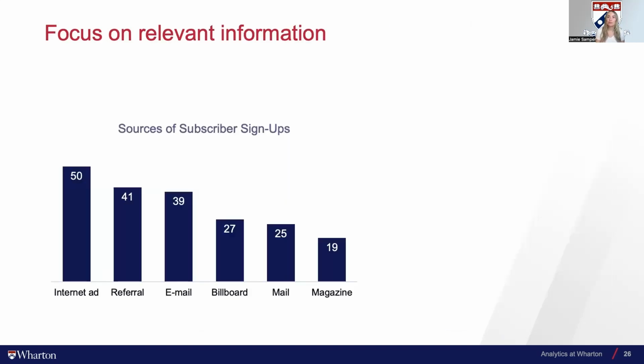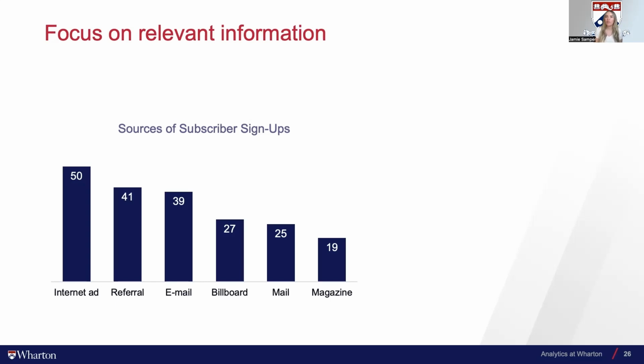One technique that you can apply when presenting your information during a presentation is to limit the amount of information you're showing your audience by only focusing on the relevant information. Let's say you're working with a client who is interested in doing an analysis of the sources of subscriber signups. Your client tells you at the beginning of the project that they think they're spending too much money on marketing through the mail.